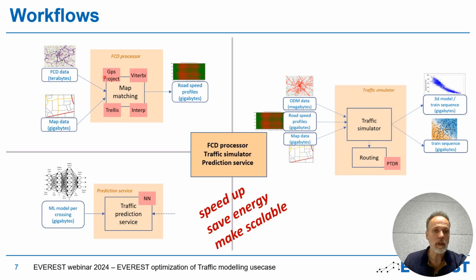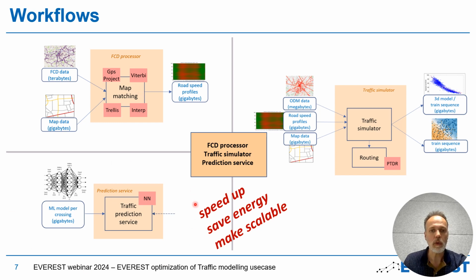There are subcomponents within this map matching component, such as GPS projection, Viterbi, trellis, and interpolator, which are good candidates for acceleration.